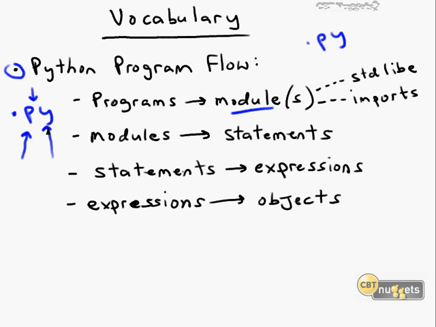And rather than reinvent the wheel and create those functions in your top-level program file, why not import a .py file as an external module? Okay, so the top level of Python program flow is that your Python program consists of one or more modules. This is going to be your top level .py file, and possibly in addition one or more imported modules.